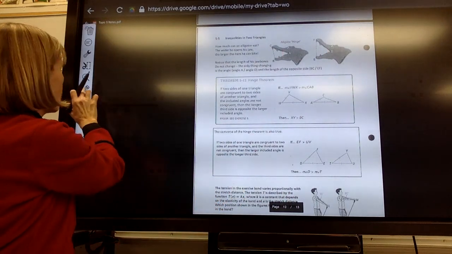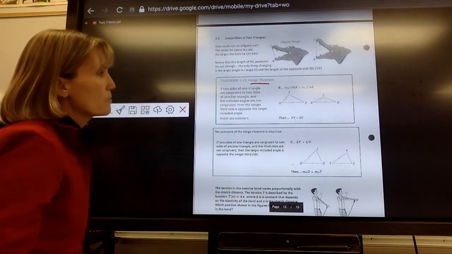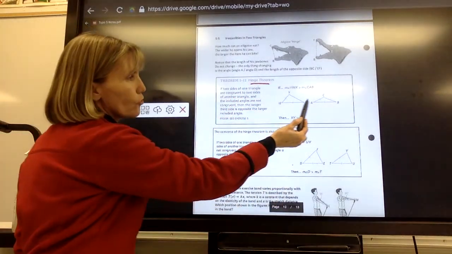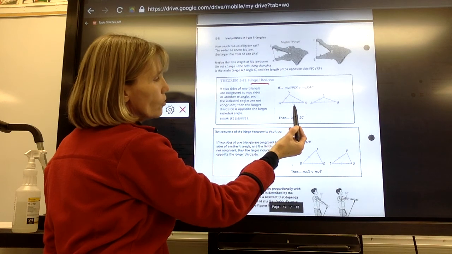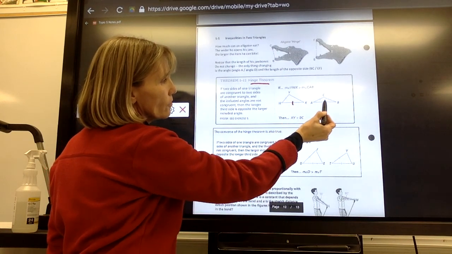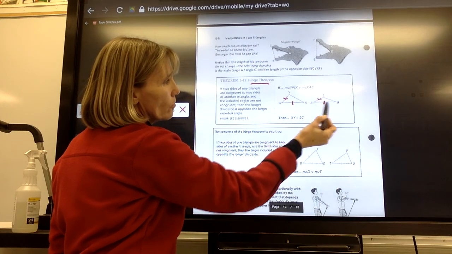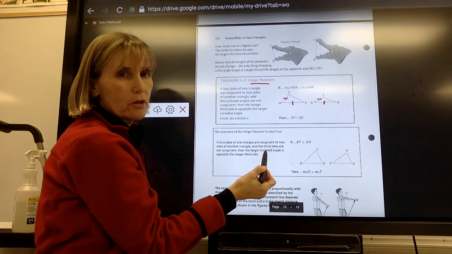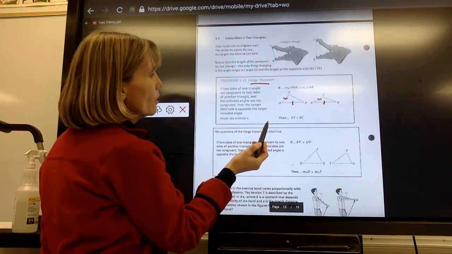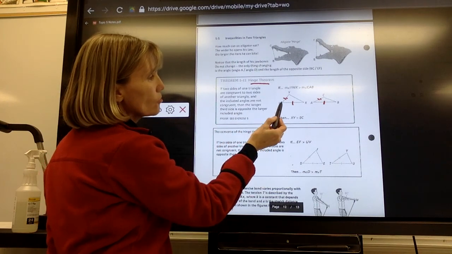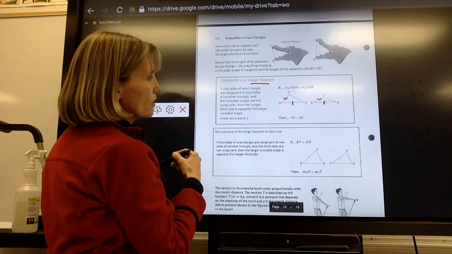Okay, and it's called the hinge theorem. If I'm comparing two triangles, it says if two sides of one triangle are congruent to two sides of another. So you can see the two triangles have tick marks in them showing you that there's two sides that are congruent within each triangle. If that's true, it says, and the included angles are not congruent. So W and A aren't the same angles.